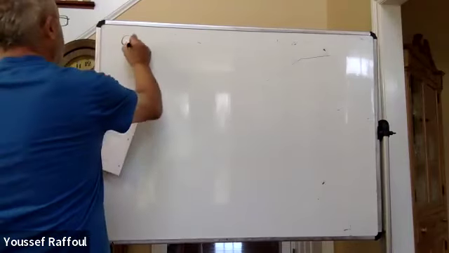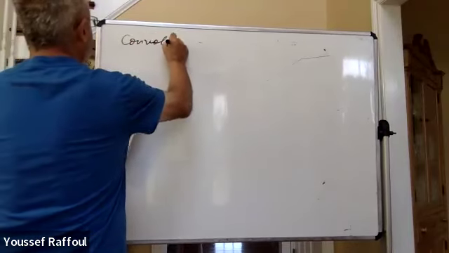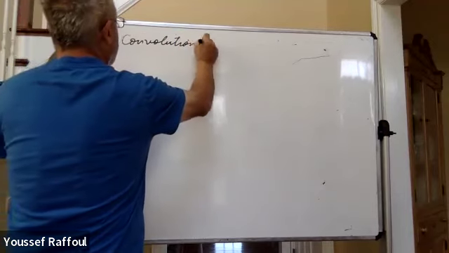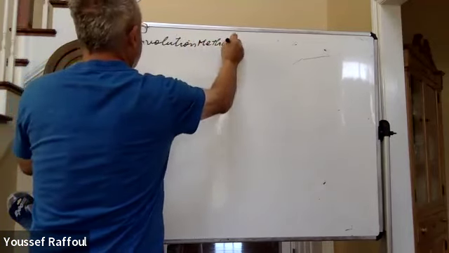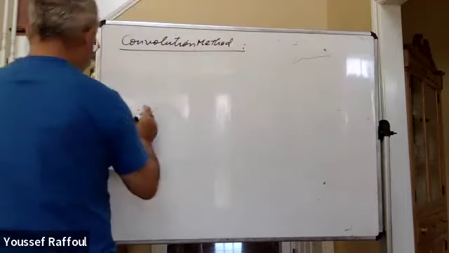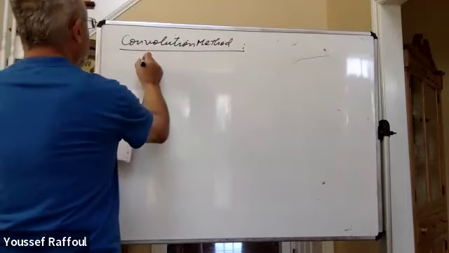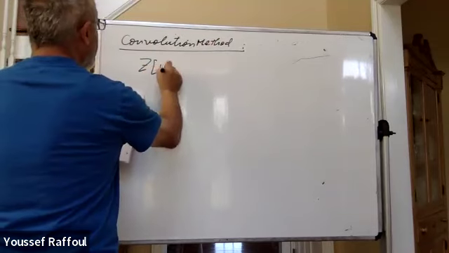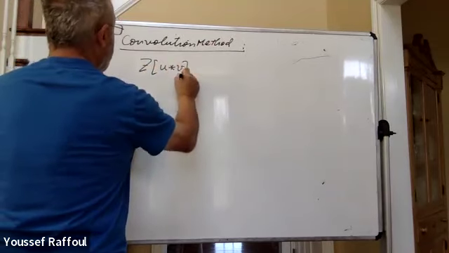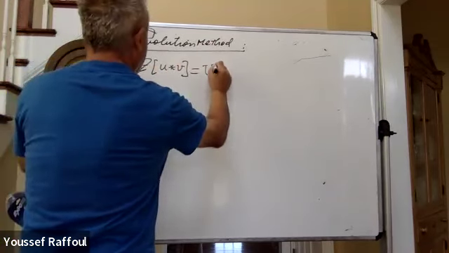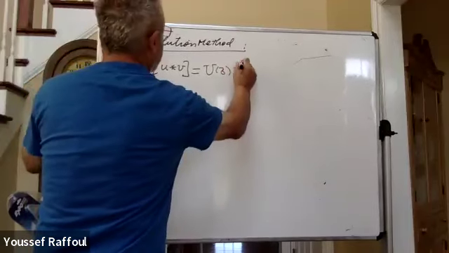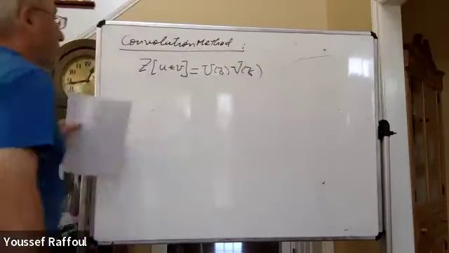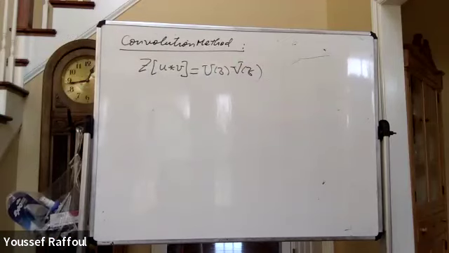So, convolution method. Remember, the Z transform of u star v is U(Z) times V(Z). Correct?